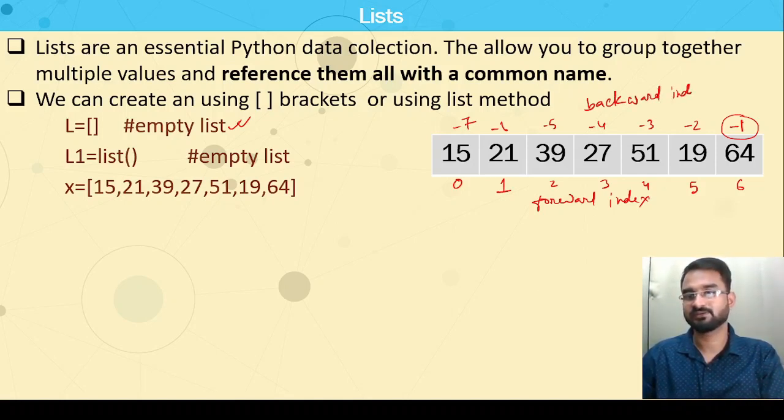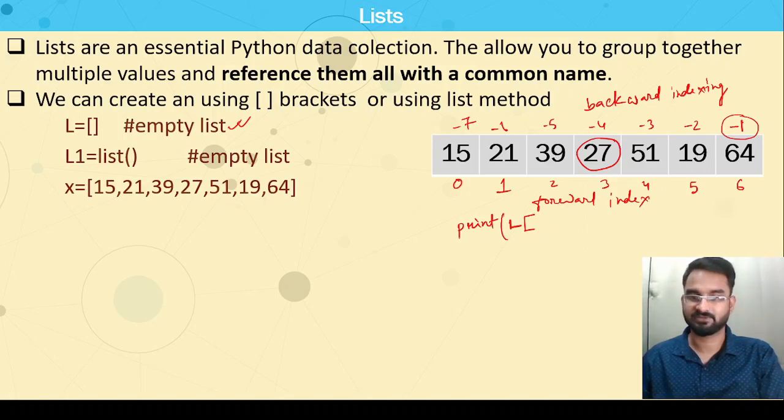Backward indexing. All right. Now these indexes are used to access each of these elements. Suppose I want to access this 27 element, then I need to write print L, then the square bracket and the index number, which is 3 here.